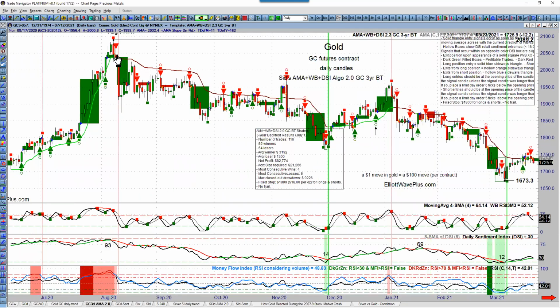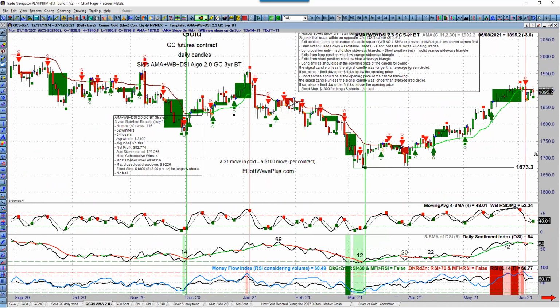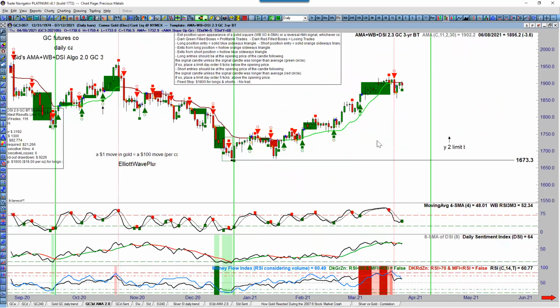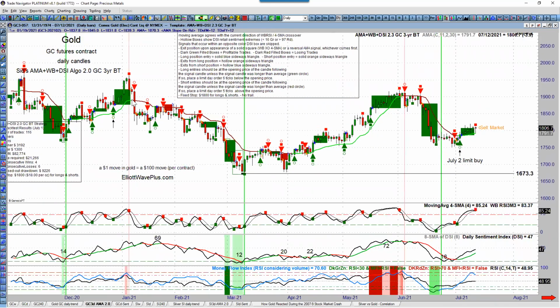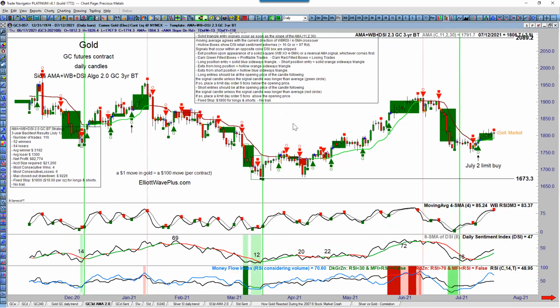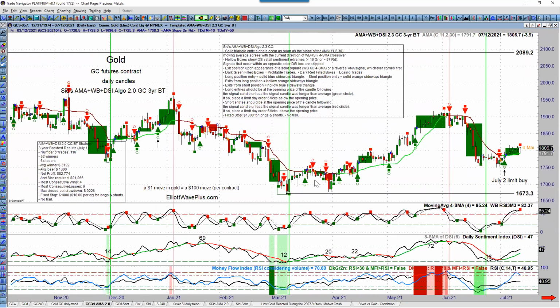But lately, it's been having to make its money on shorts for the most part, because the adaptive moving average has spent quite a bit of time red. And if it's red, it will only attempt short positions. So another really strong equity curve on gold.